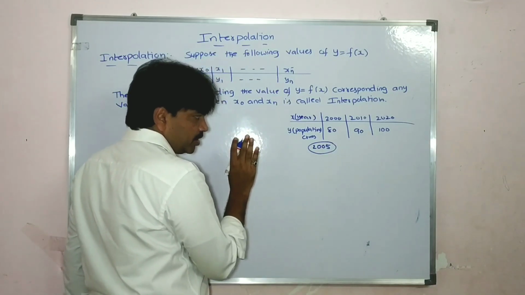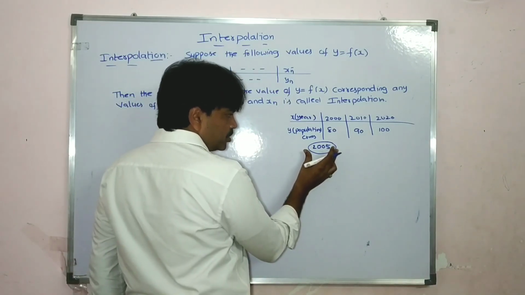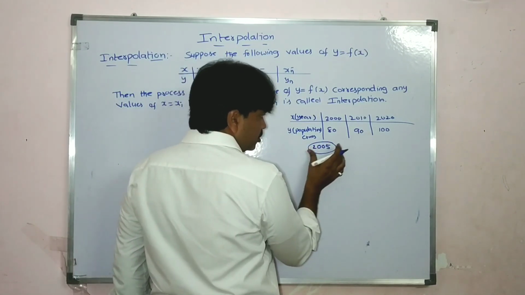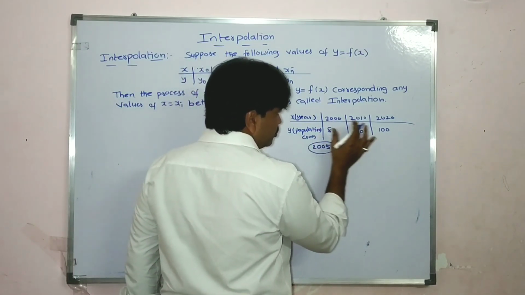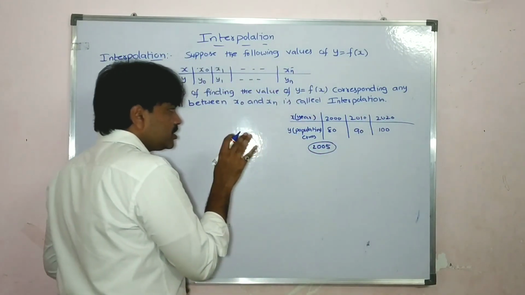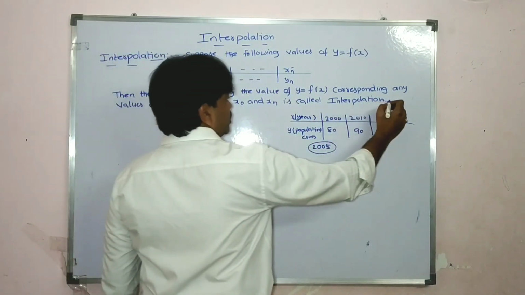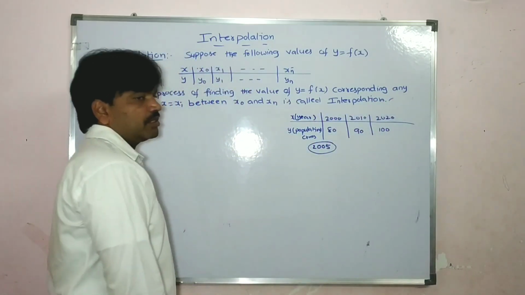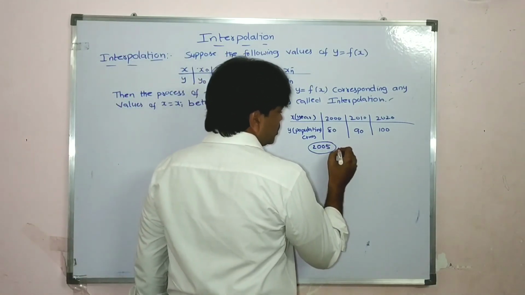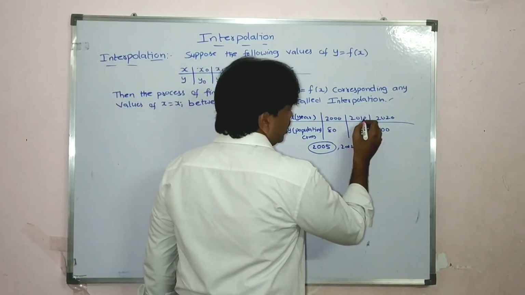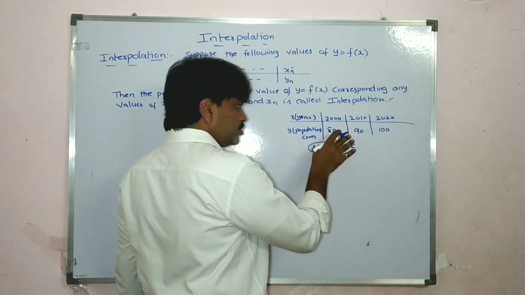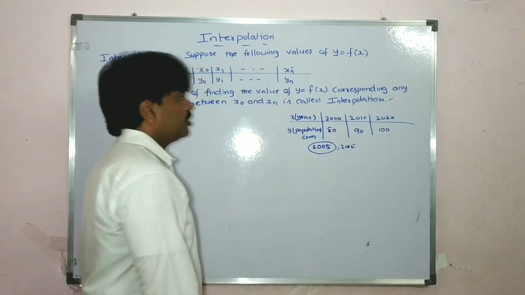To find the population in 2005, okay, student, that means this 2005 is in the range between 2000 and 2020. So the process is called interpolation, students. Suppose I want to find the population in 2012. We have 2010 and 2020, and 2012 is also in the range. Again, the process is called interpolation.